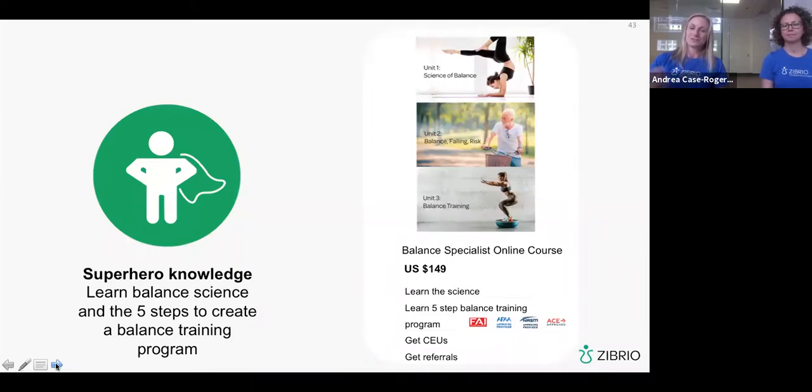It takes you through the science of balance so you understand the fundamentals even more than I've explained today, and then talks you through the risks of the other side of having poor balance and what your clients may be facing. And then the 3rd unit is guiding you through, and it gives you these fundamental pieces about how do you even structure a balanced program so that it is personalized and it does truly generate the result that you want to get. And we do it through a number of different challenge layers, just to give you a little bit of a teaser there.